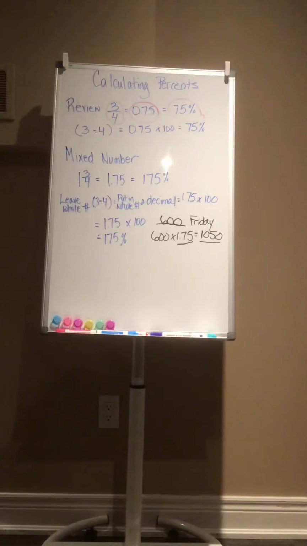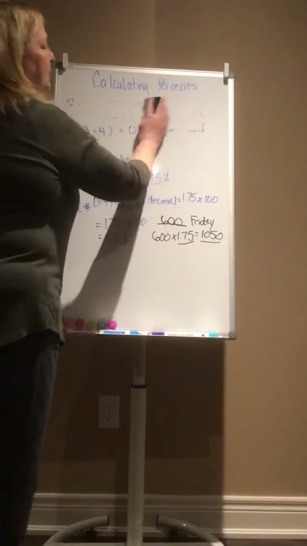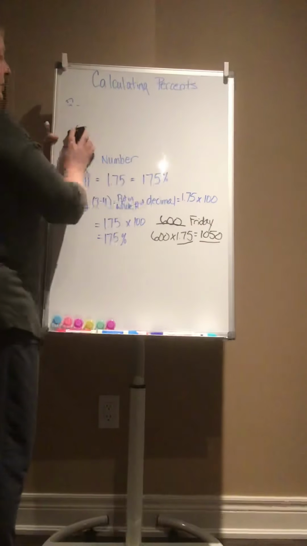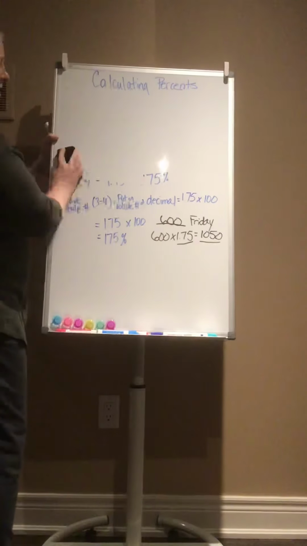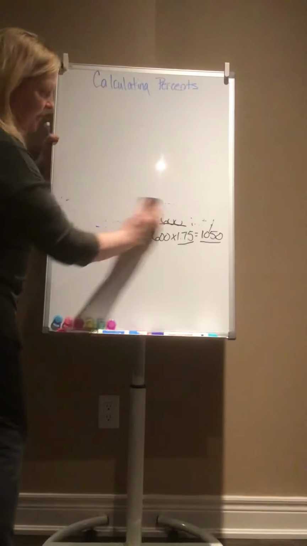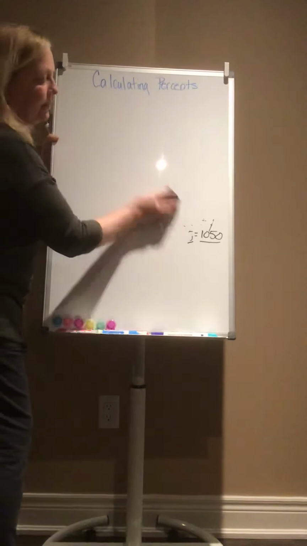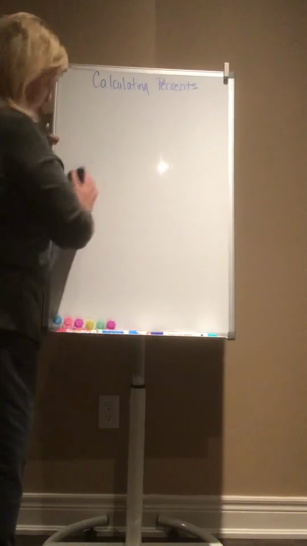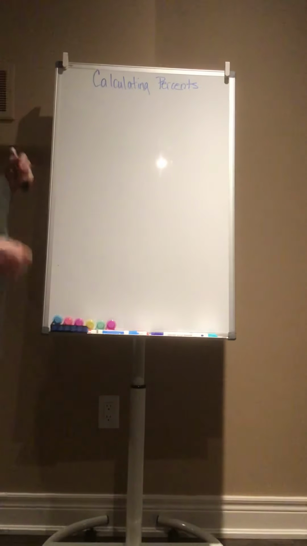There we go. All right, so the last part that we want to look at today is what happens if that percent is less than 1? What happens if now we're dealing with parts of a percent? If you think about it like a dollar, and a dollar in terms of pennies is our decimal.